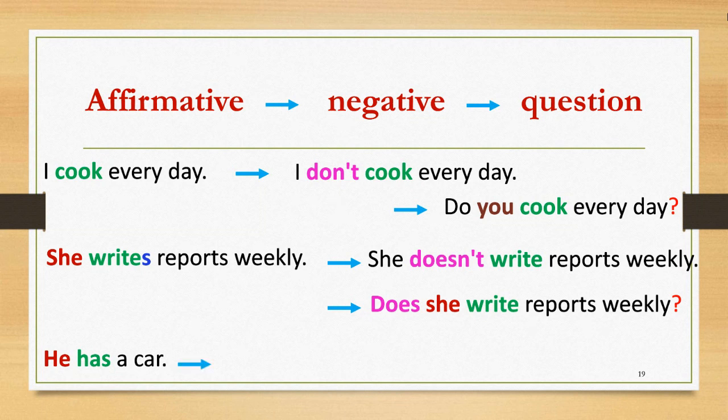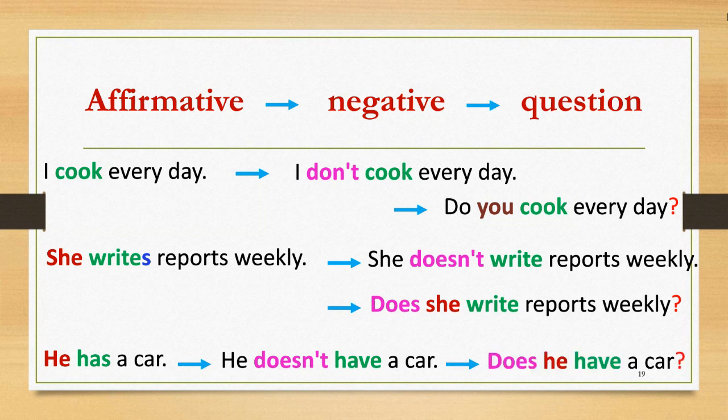Think about the negative form. Perfect. He doesn't have a car. He does not have a car. The question now, does he have a car?